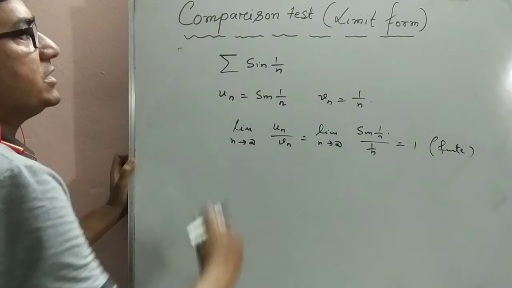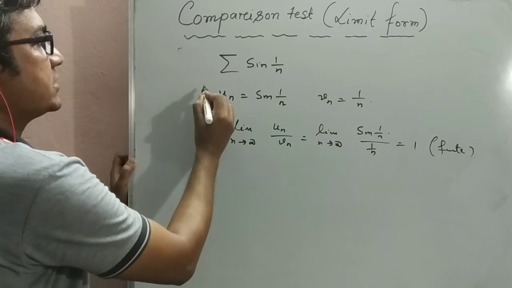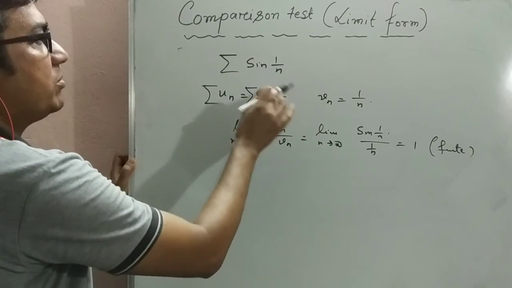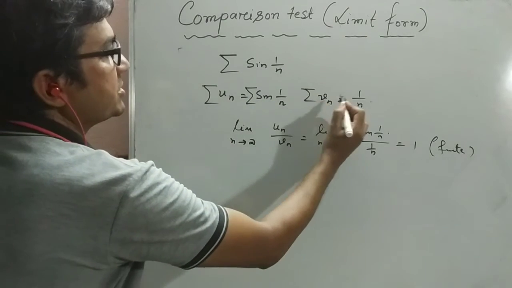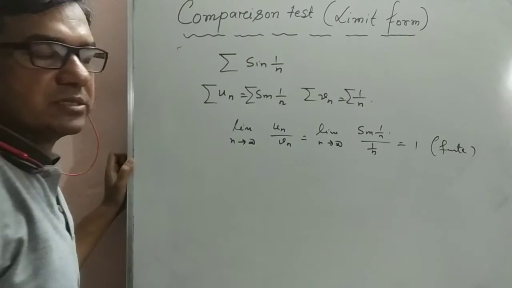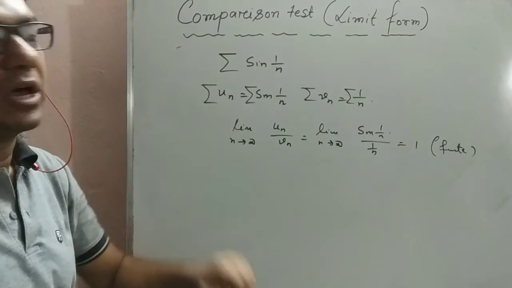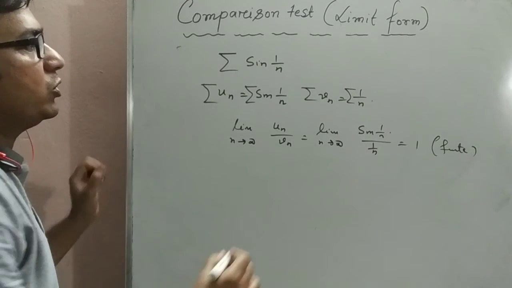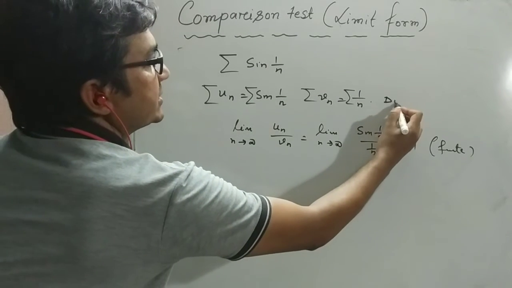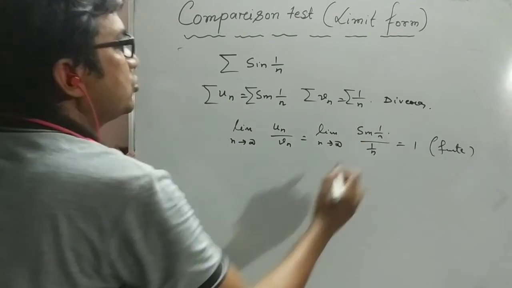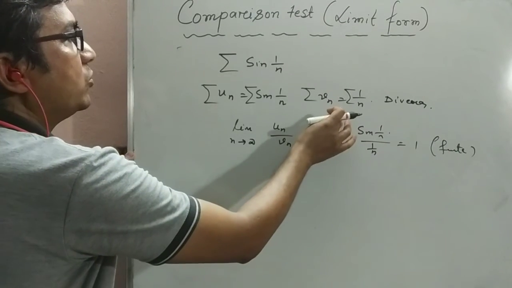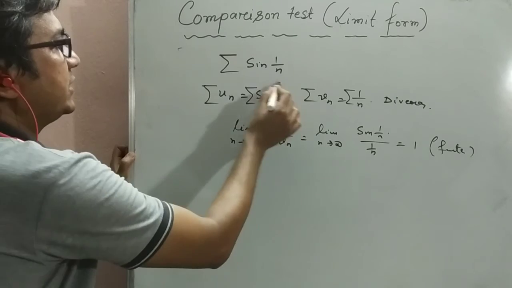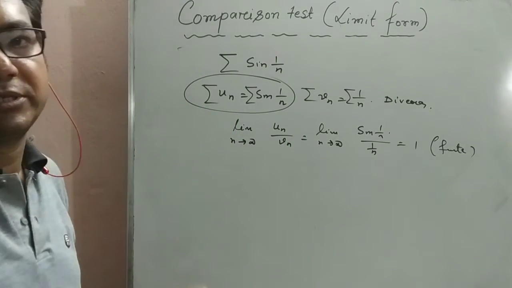So by comparison test, both the series summation un, that is summation sine 1 by n, the given series, and summation Vn, that is summation 1 by n, converge or diverge together, and we know that this is a divergent series. So by using comparison test of limit form, we say that this is also a divergent series.